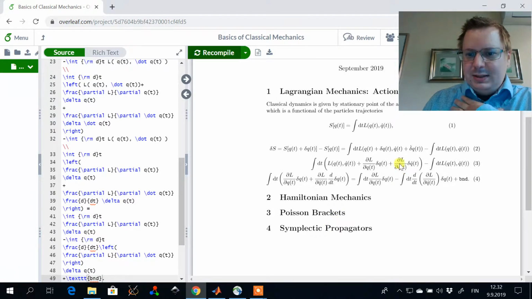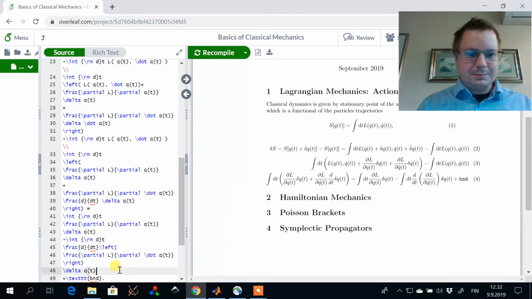So now we see we have delta q and delta q. So delta q is arbitrary, so it needs to be stationary with respect to all variations. So we actually can conclude that this equation must hold always.